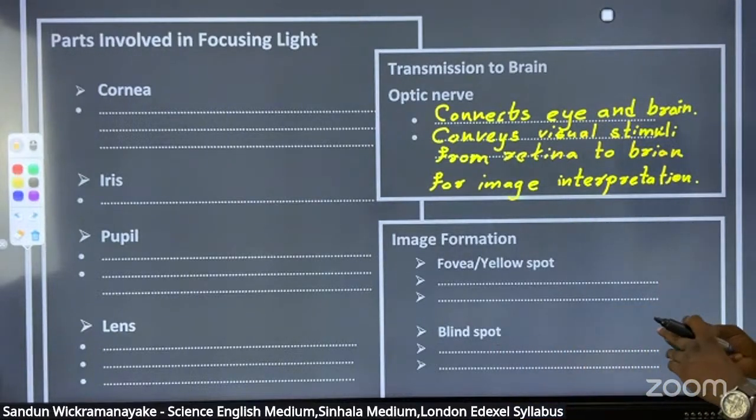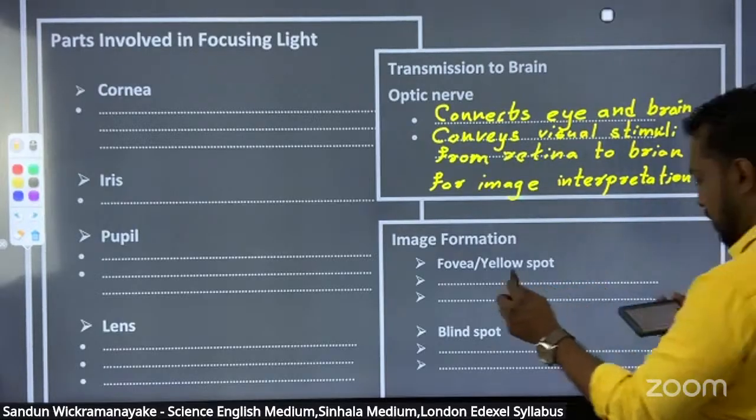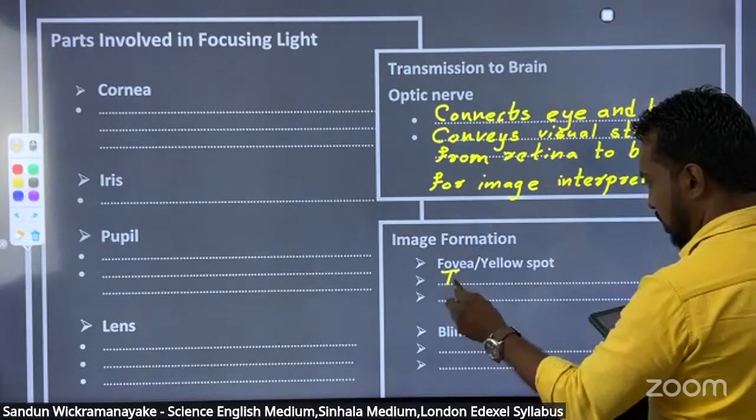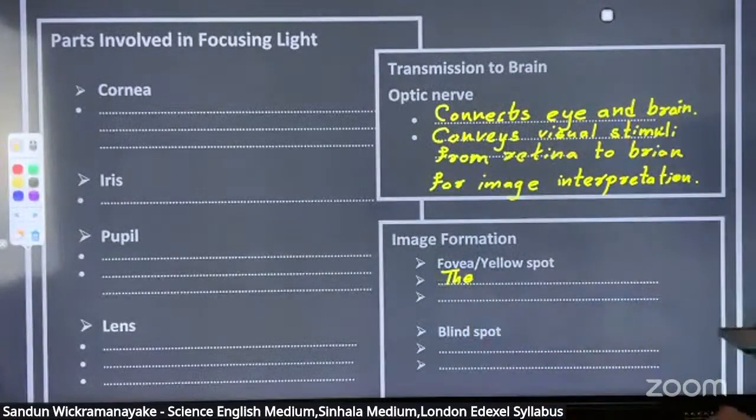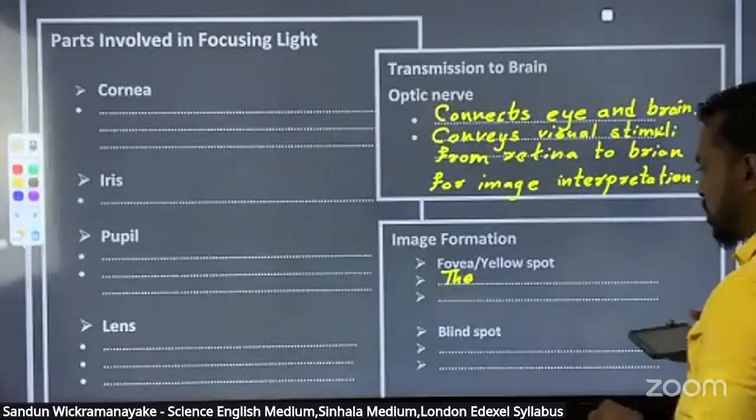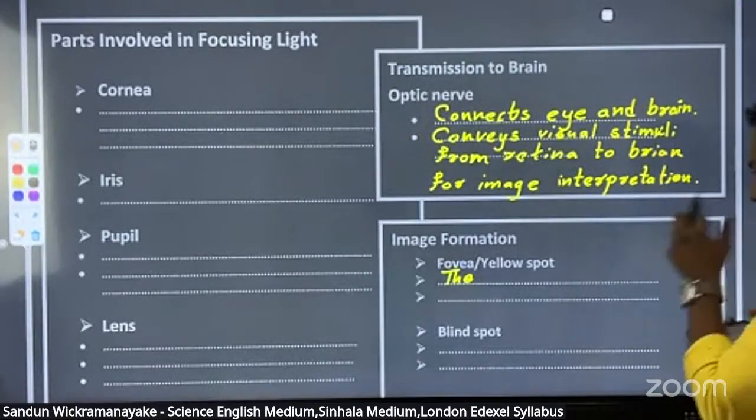Okay, image formation. The image formation is made by this yellow spot.